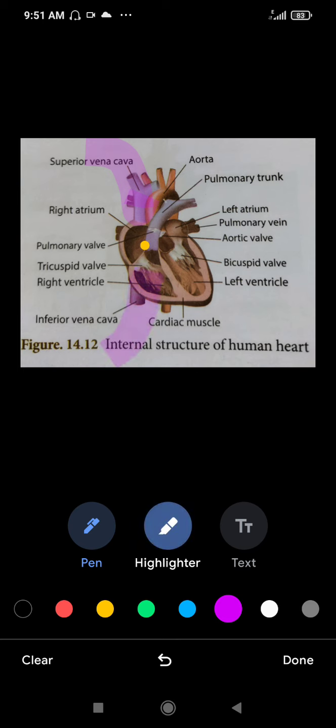The superior vena cava carries impure blood from the head, neck, shoulders and the two upper arms. The inferior vena cava carries the impure blood from the legs, thighs, hip region and stomach. This deoxygenated blood is collected by the superior and inferior vena cava and reaches the right atrium.